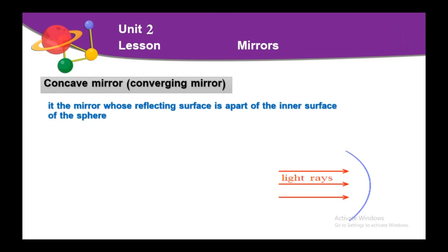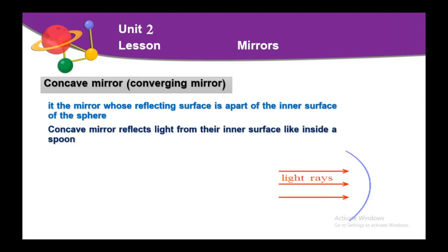It is the inner part, not the outer. Concave mirror reflects light from its inner surface, like the inside of a spoon. A metallic spoon has two surfaces: the inner surface is called concave, and the outer surface is called convex.